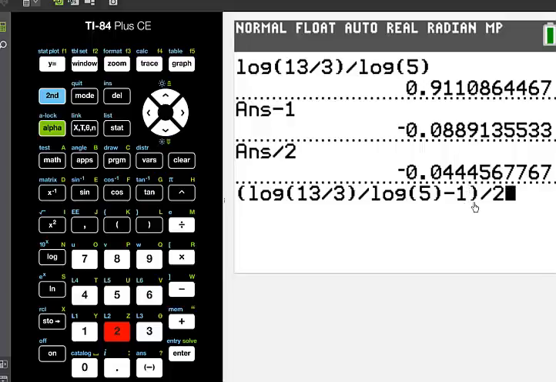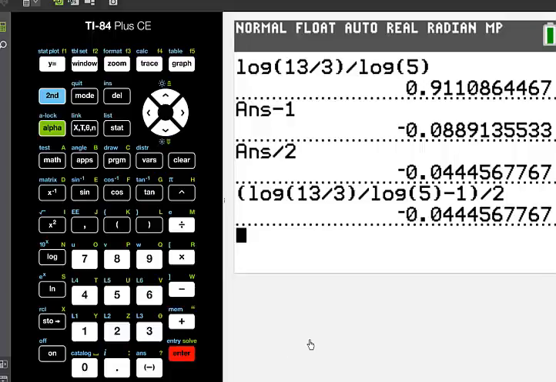If I hadn't done that, the calculator would not understand that I want to divide all of that stuff by 2. It's just a little complicated because you also have the multiple parentheses in place for the logs, and it's just easy to forget something. If I hit enter though, I should get the same result. Sure enough, negative 0.0445, again rounded to 4 places.